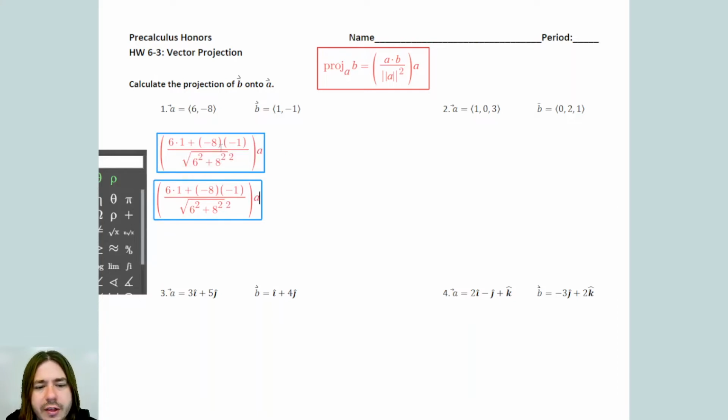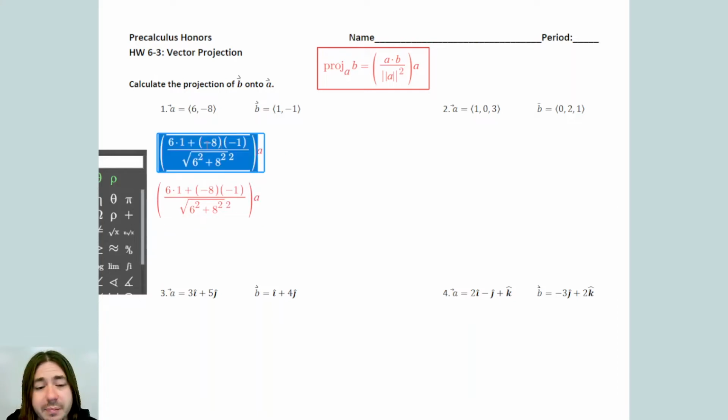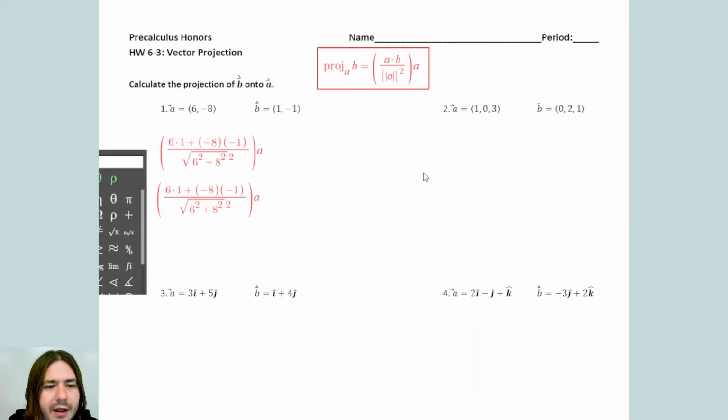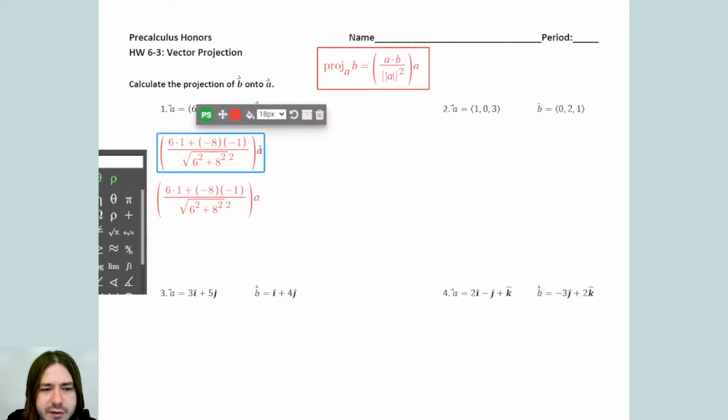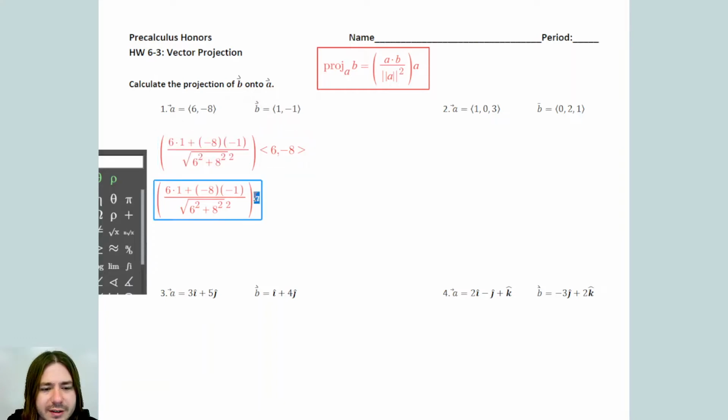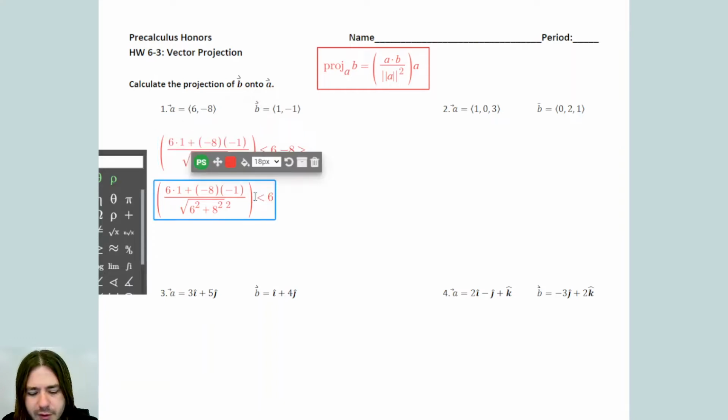Now, all of this is clearly going to just simplify to be a single number, and we're going to take that number and we're going to multiply it by the vector that we're projecting onto, that floor vector, which is 6, negative 8. So as soon as I simplify this whole behemoth, I'm going to distribute that to both the 6 and the 8.